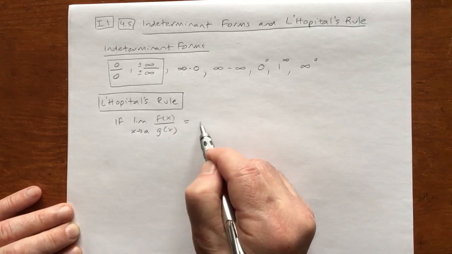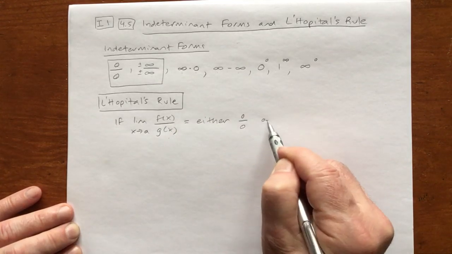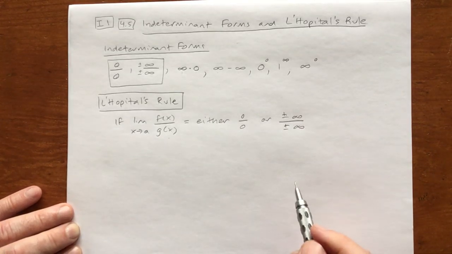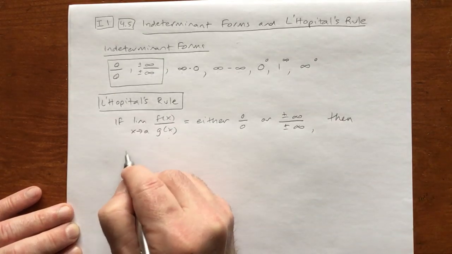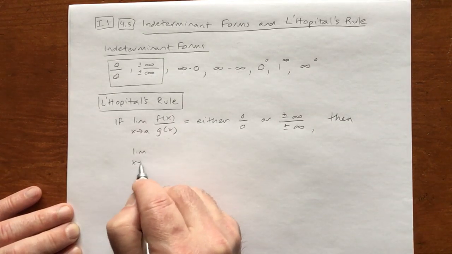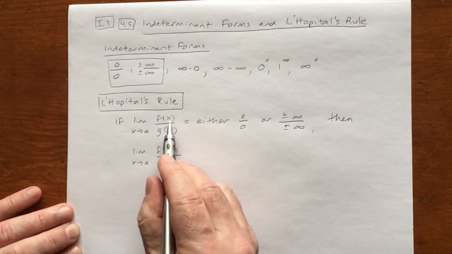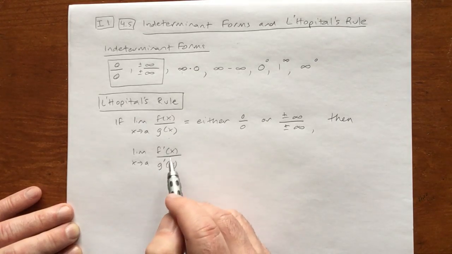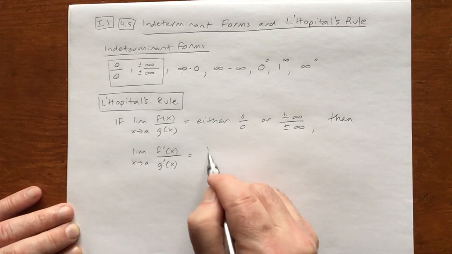If this limit is either 0 over 0 or infinity over infinity, then the limit as x approaches a of the derivative of the top divided by the derivative of the bottom is equivalent to the limit that we started with.